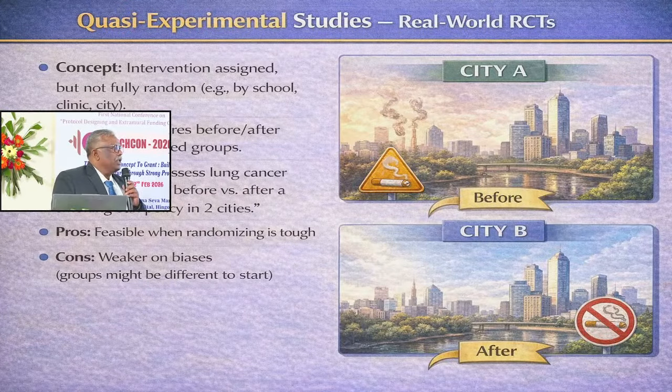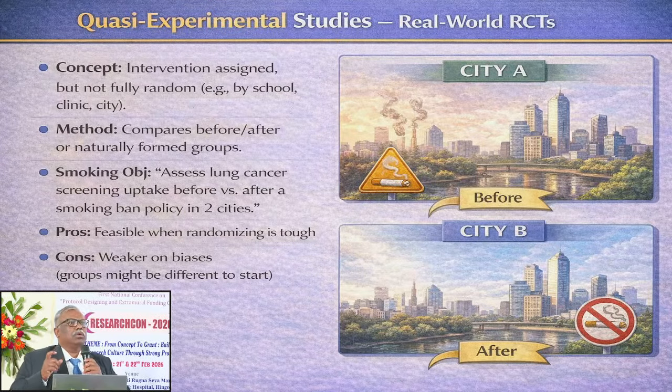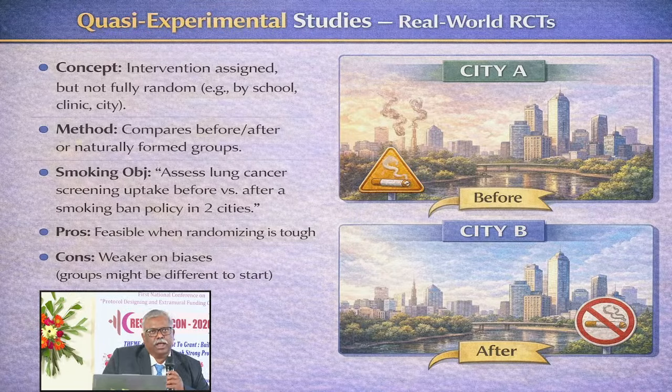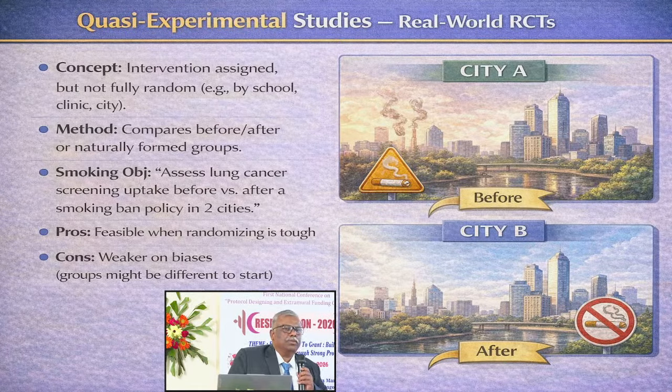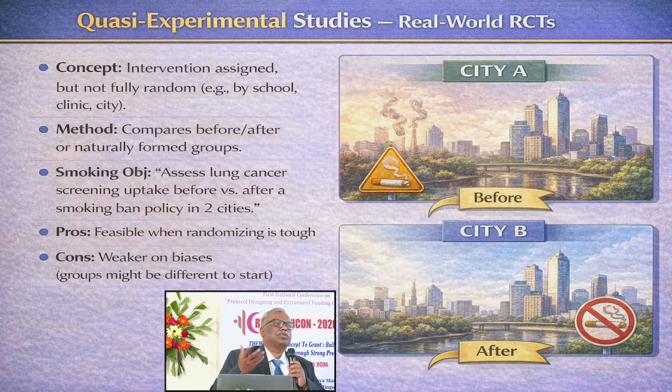Now, quasi means pseudo, right? Quasi means pseudo. So non-randomized trials are also called quasi-experimental study designs. Whenever randomization is not possible, in that situation non-randomized trials can be useful, and they will also give some fruitful results.